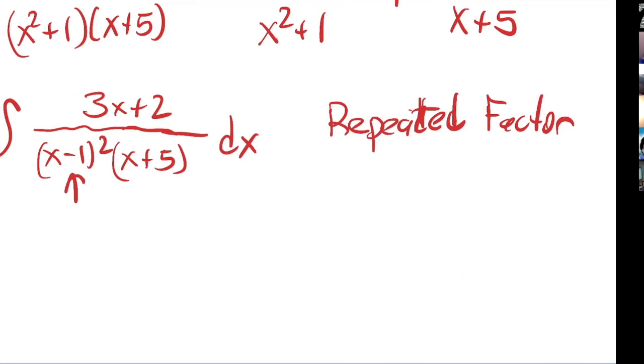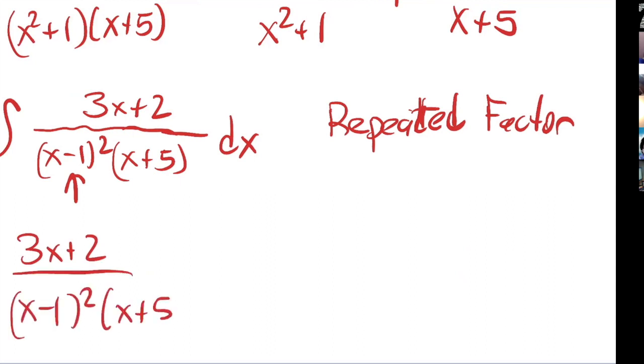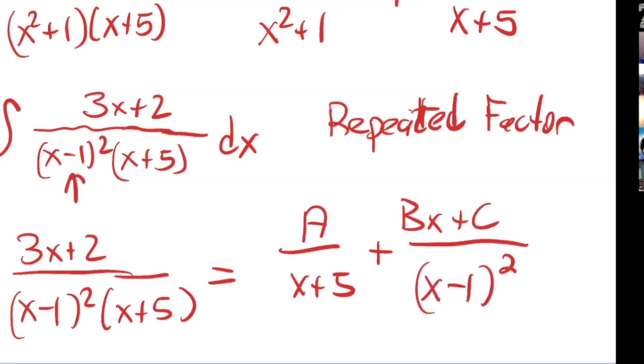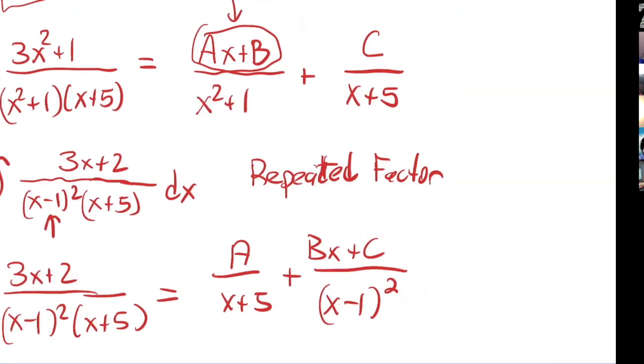And so this might be the special case that you're referring to. So I'm going to have an A over x plus 5. I'm going to have a Bx plus C over (x minus 1) squared, right? Because that would give me a quadratic expression. So the thing on the top should have 1 degree less than that.